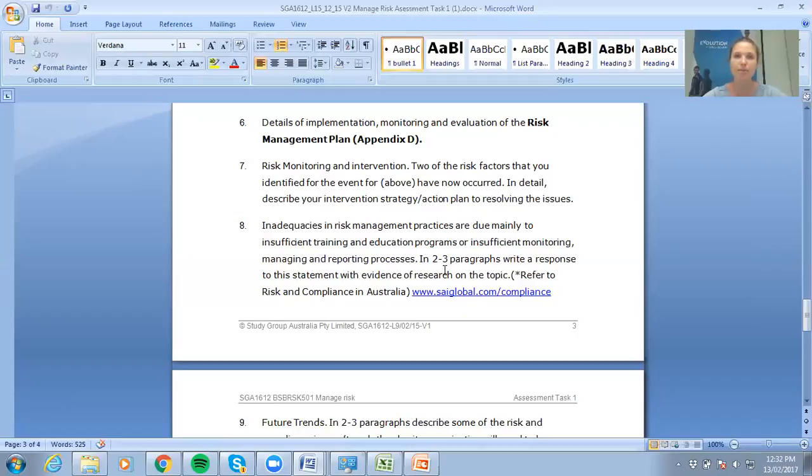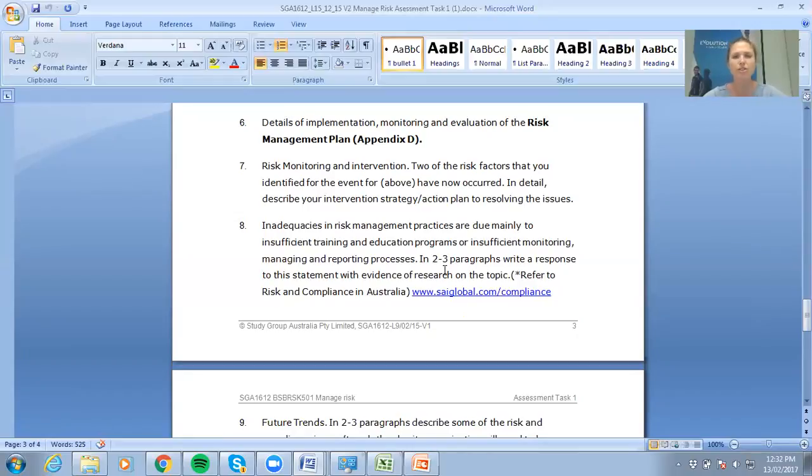Okay, it's kind of that persona that it won't happen to me or it won't happen to us. Risks happen all of the time, and any company, big or small, has the potential of any risk associated with their event occurring if they don't put risk management in place.